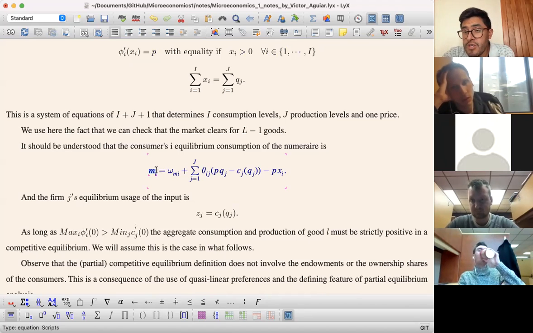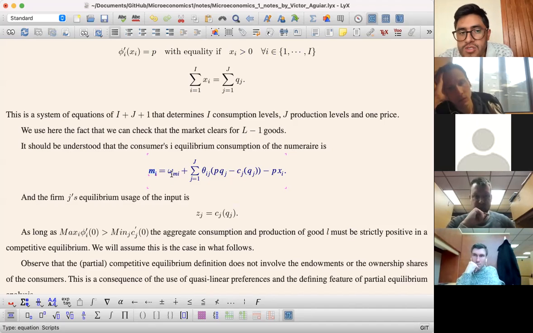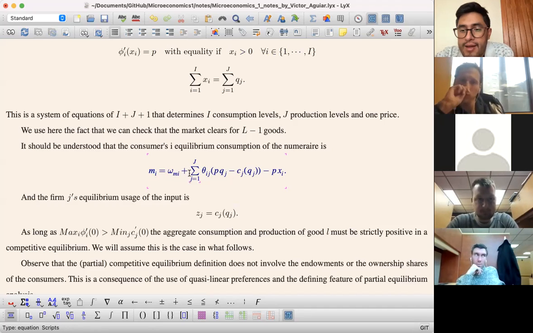Now, by using the fact that this is locally non-satiated, because the first derivatives of the utility are strictly positive, so essentially it's monotone, we can just use the structure of the budget constraint and essentially write that M is equal to the endowment. Remember, the price of the numeraire is 1, so this is the budget constraint. So this will be the price of the numeraire times endowment, right? So the price of the numeraire is 1, so this is just the endowment, plus the shares of the profits of the firms. So what is the profit of the firm j?